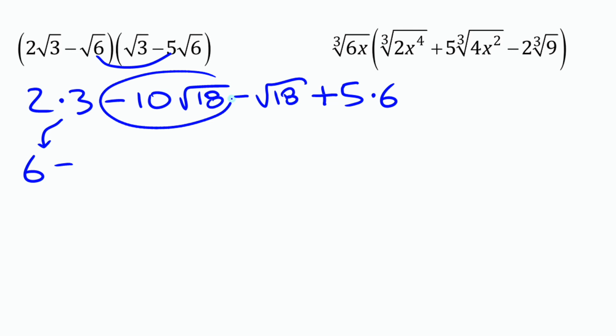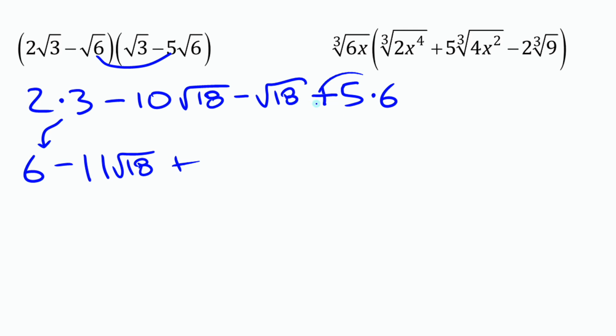We have minus 10 root 18 minus 1 root 18. That is going to give us minus 11 root 18. And then plus 5 times 6 is going to give us plus 30. The 6 and the plus 30, we can put that together and make this 36.